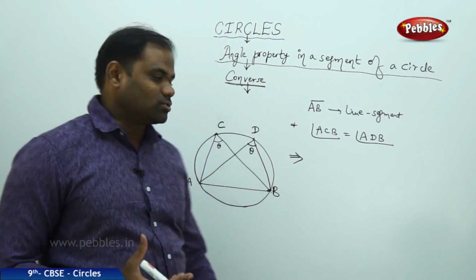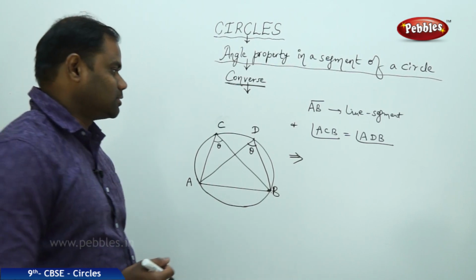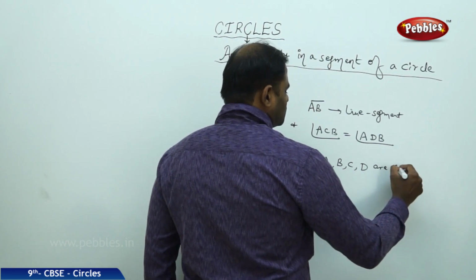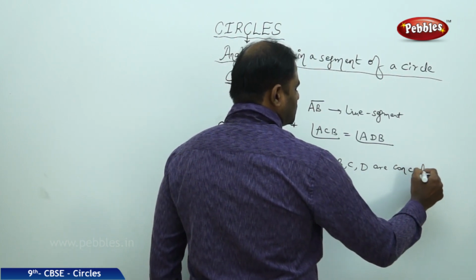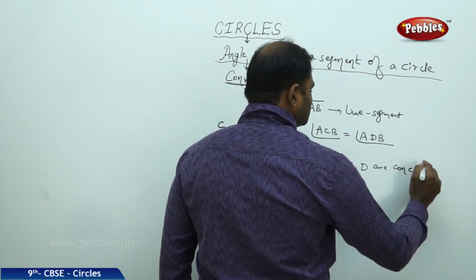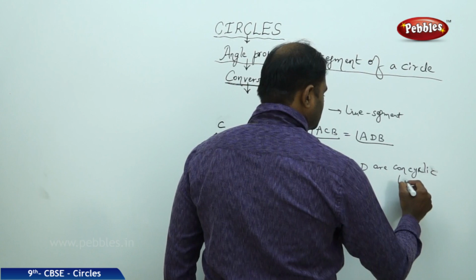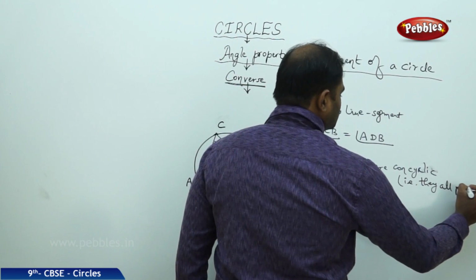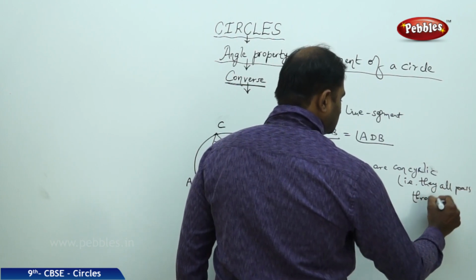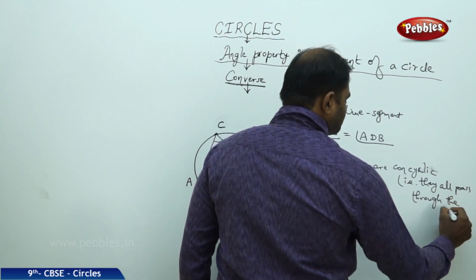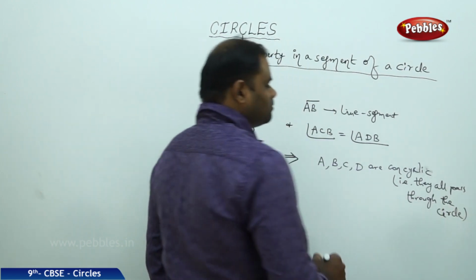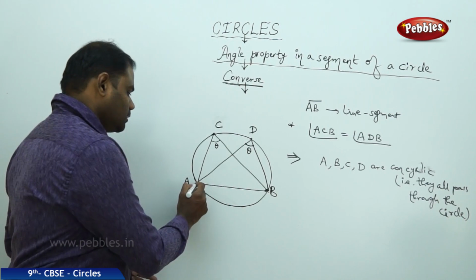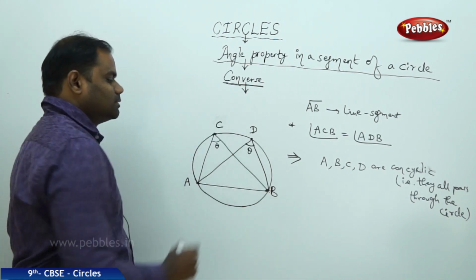Concyclic in the sense they pass through the circle. All 4 points pass through the circle, is how we understand the concyclic property of A, B, C and D.